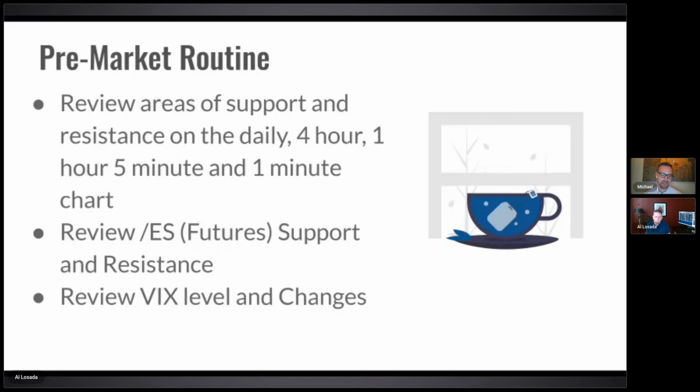And for us as traders, the volatility levels are important. Where's the VIX at? What changed? This is important for me. I know as a credit spread seller, you prefer higher volatility because you get a higher premium.